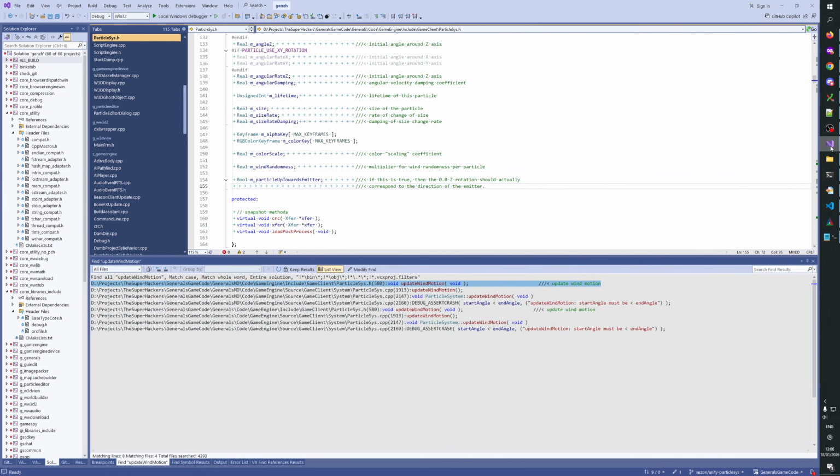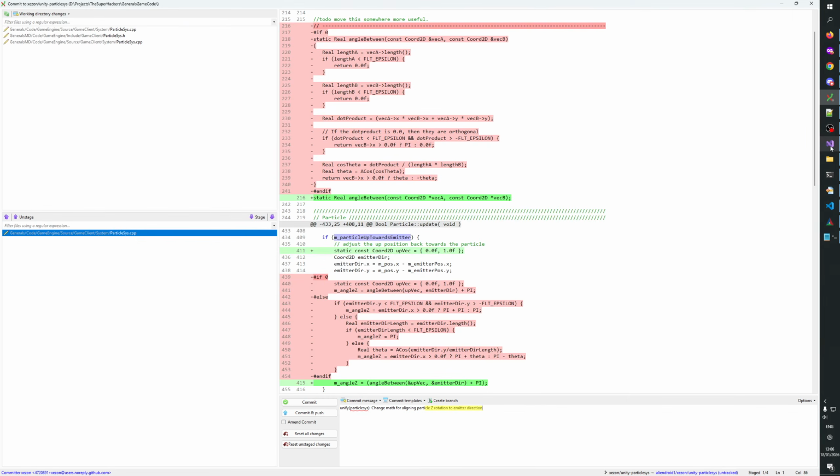Direction of the emitter. That should actually correspond. Yeah. Change math for aligning particle Z rotation to emitter direction in generals.